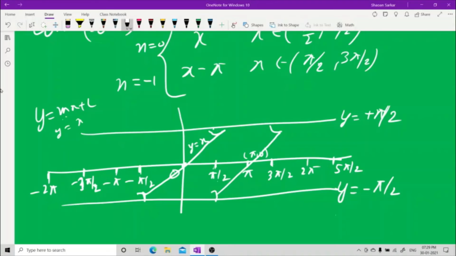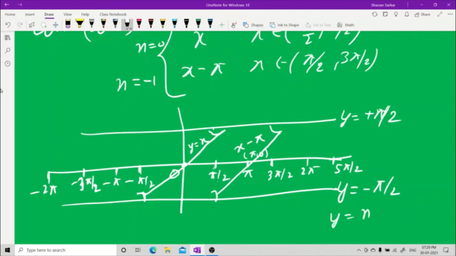So you can use x plus some c at here, pi comma 0. So you need y equal to pi plus some c, and this y has to become 0. So c has to be minus pi. So this equation is y equal to x minus pi. I think this will be a better option. Use this only. You can use that also, no problem.